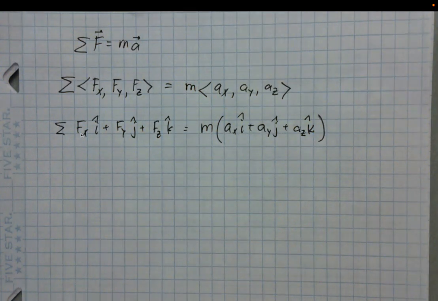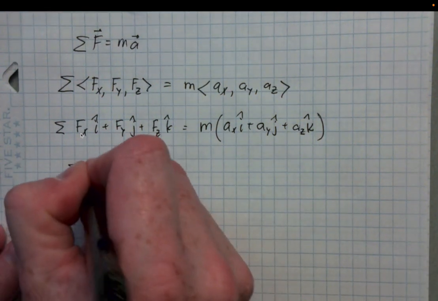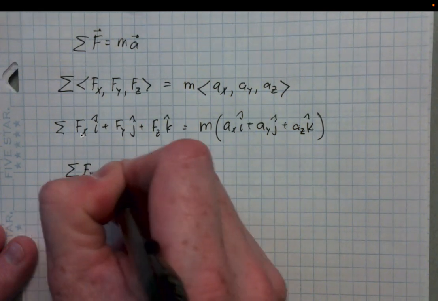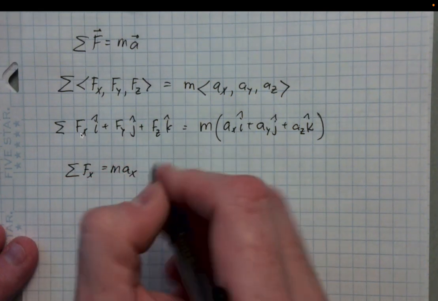Right, but very often when we're solving problems using F equals ma, we'll want to think of the components separately. It's very often advantageous and simplifying to think of these three components separately. So you'll have the sum of the forces in the x direction equal to the mass times the acceleration in the x direction.